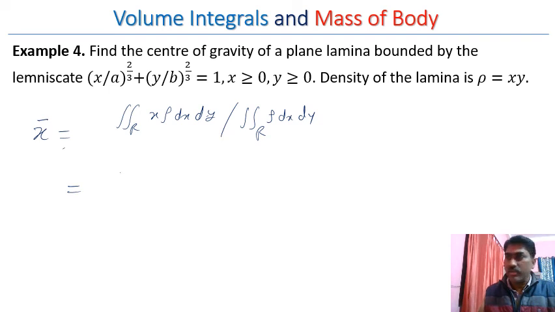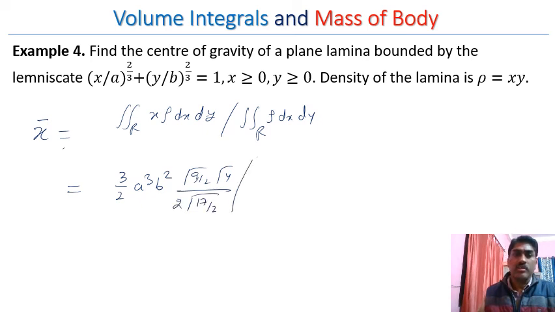So the numerator is 3 by 2 a cube b square gamma 9 by 2 gamma 4 by 2 gamma 17 by 2, and the denominator was 3 by 2 a square b square gamma 3 gamma 4 by 2 gamma 7.